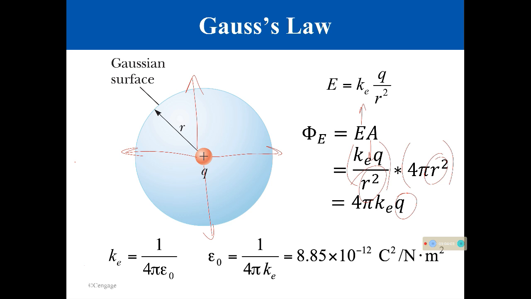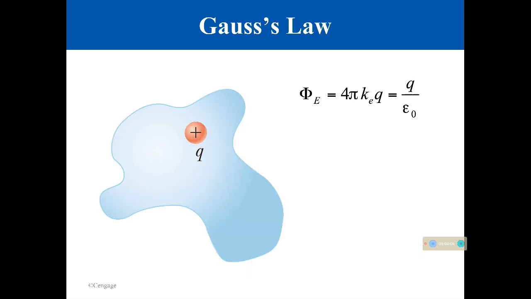And now this is equal to 1 over epsilon naught. So, electric flux is equal to Q over epsilon naught, meaning electric flux is directly related to how much charge is inside the Gaussian surface.